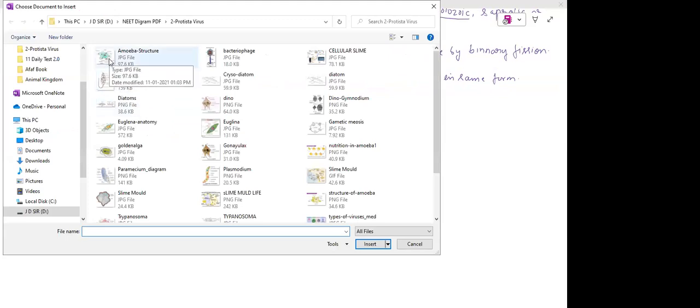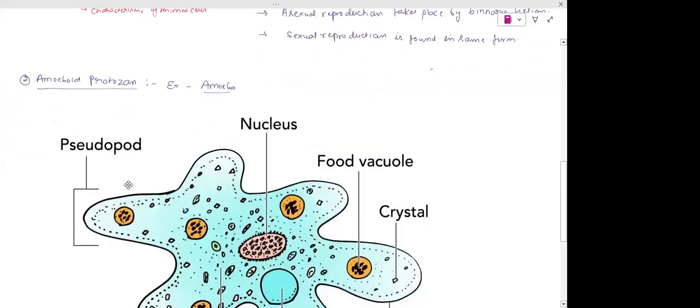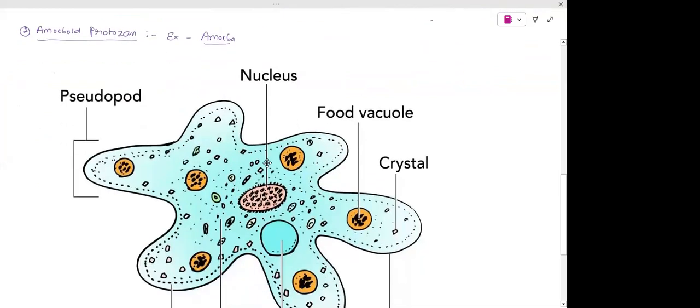This is the amoeboid protozoa, an example being amoeba. Basically, the name of this organism is Entamoeba histolytica.